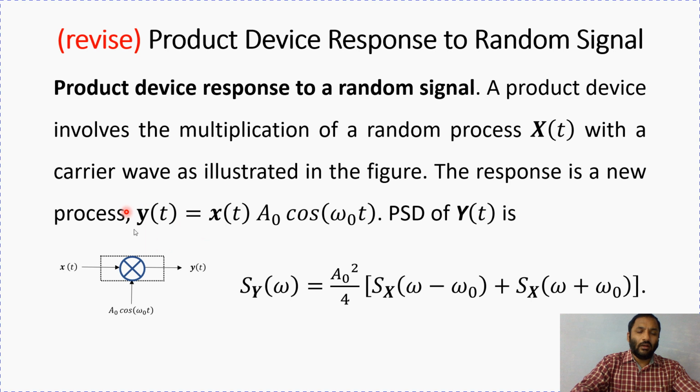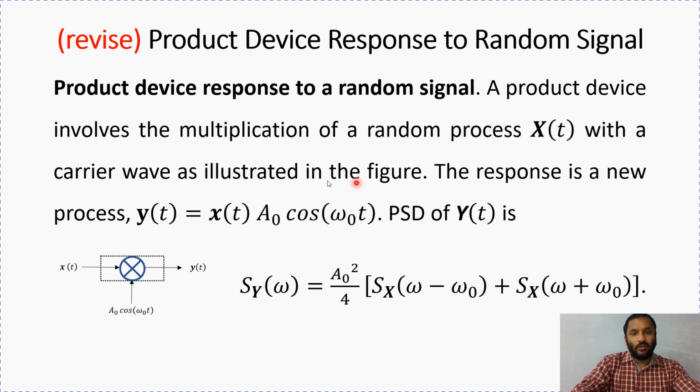Similarly, it will have all the temporal and frequency characteristics. Now y of t is a new process. Let us understand what y of t is here. How does it look?